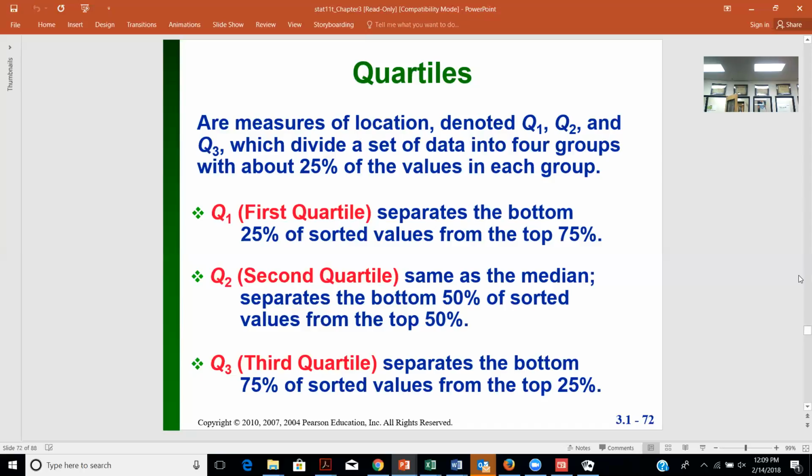The sections of these boxes don't have to be the same size. More or less here they are, but they don't have to be. Again, 50% of our data is in the middle of this box.